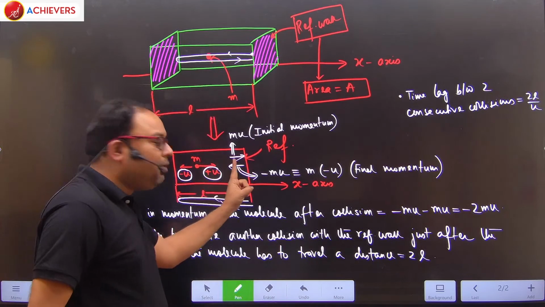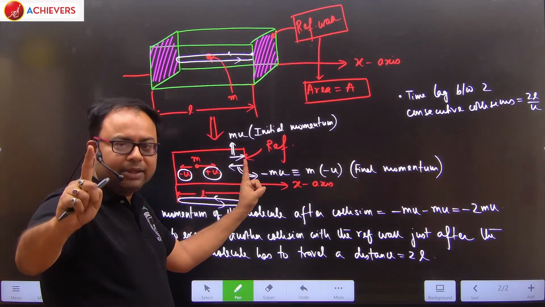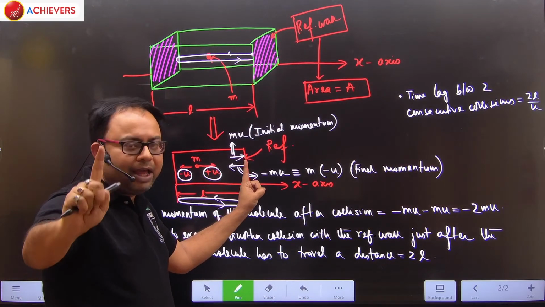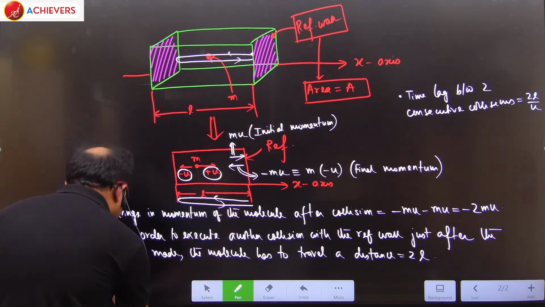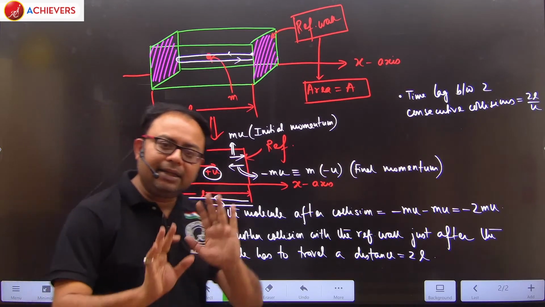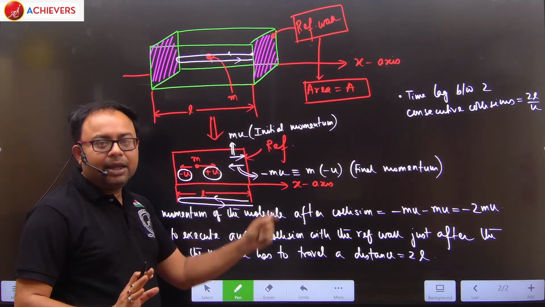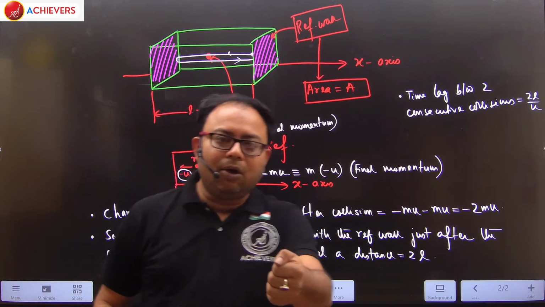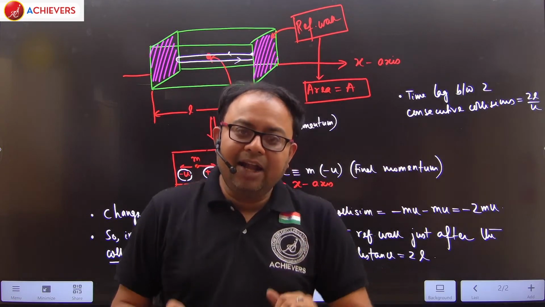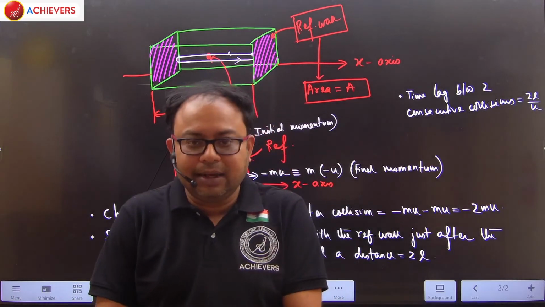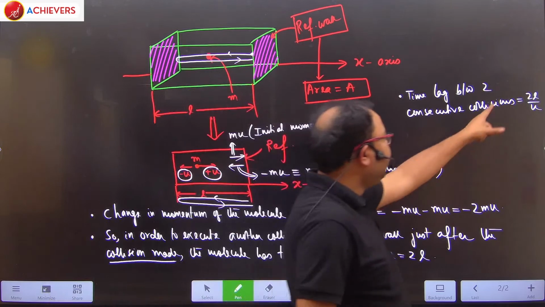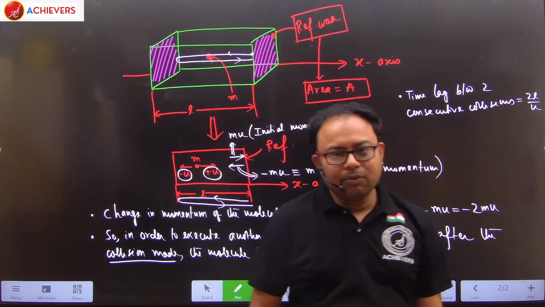Just after the collision made, that is the trivial collision, which is not counted, you are switching on the stopwatch and waiting for the next collision. And the next collision is made at a time 2L by u.